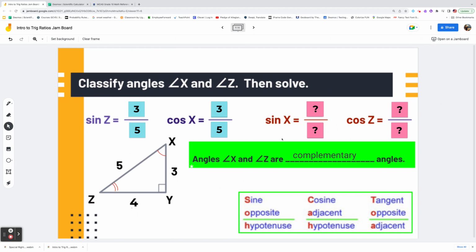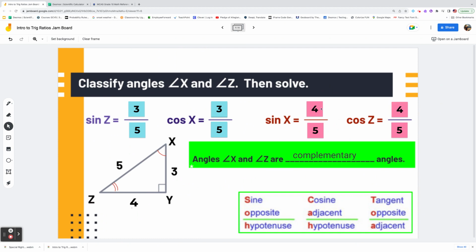Okay, let's take a look over here. What about the sine of x? Remember, sine is opposite over hypotenuse. Sine of x is 4/5, because 4 is the opposite side and 5 is the hypotenuse. Cosine of z is adjacent over hypotenuse, same hypotenuse, so same denominator, and the adjacent side to z is 4.